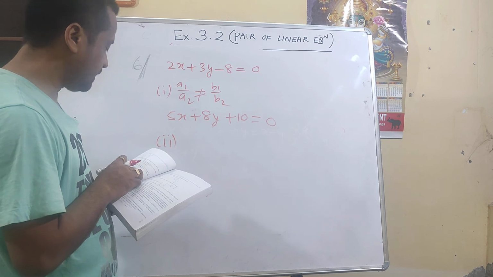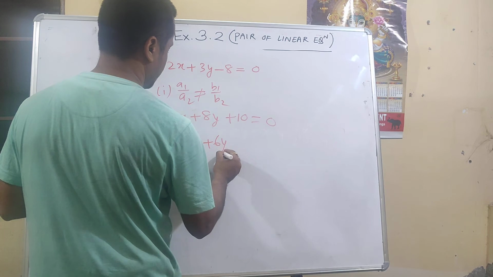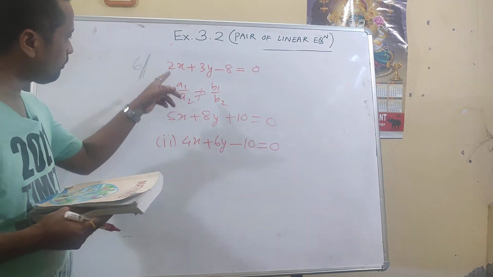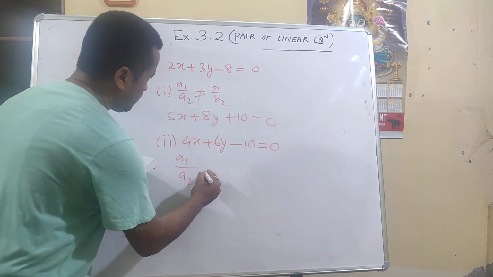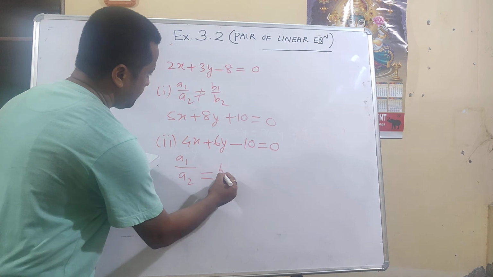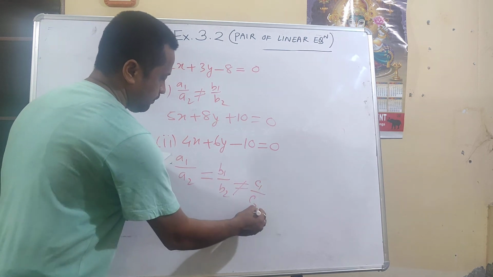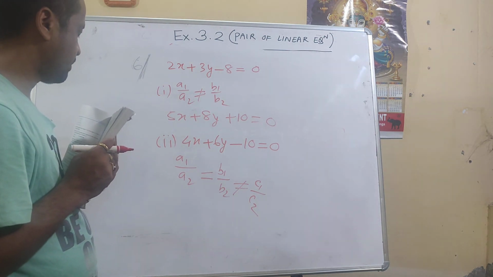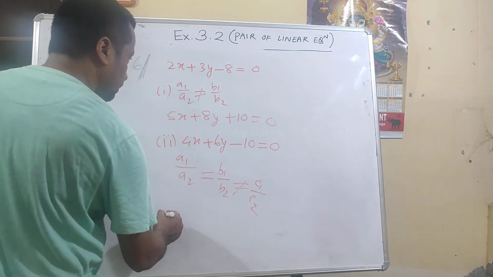For parallel lines it will be 4x plus 6y minus 10 is equal to 0. Here the condition is a1 by a2 is equal to b1 by b2 but not equal to c1 by c2.